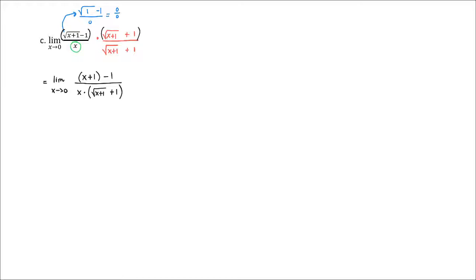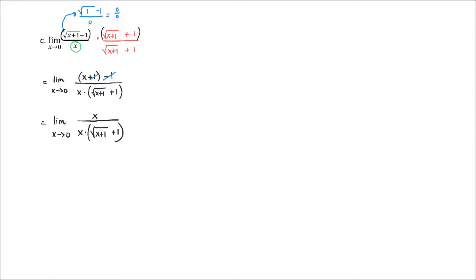Let's continue working the numerator out. So now I'm going to have the limit as x approaches 0. And now notice over here how this 1 is going to cancel with that 1. And you're going to be left with x divided by x times the square root of x plus 1 plus 1.